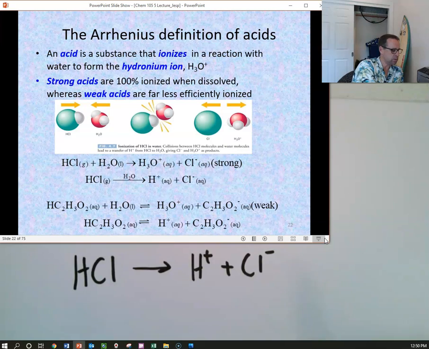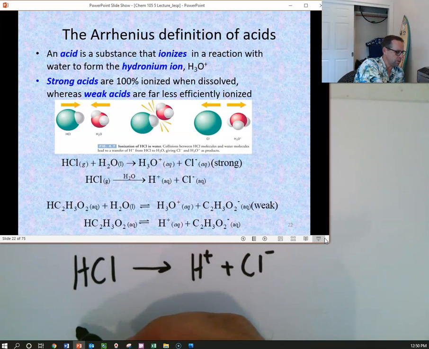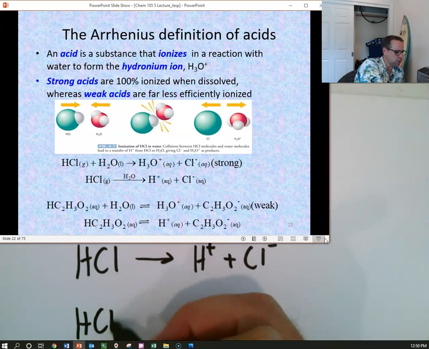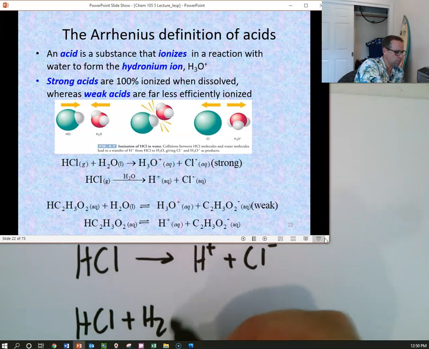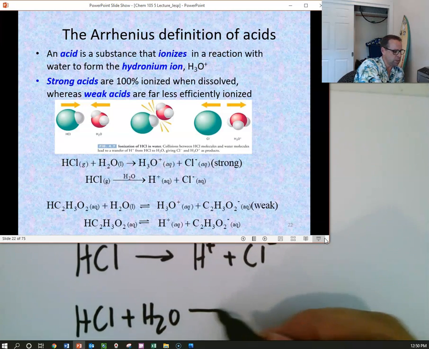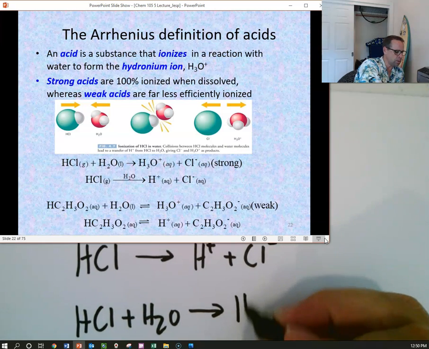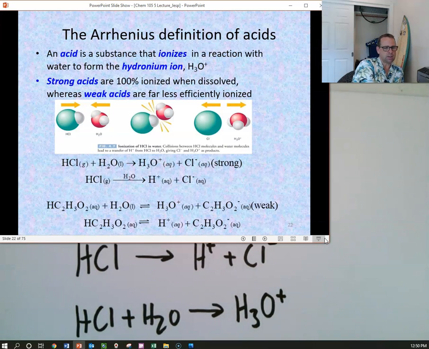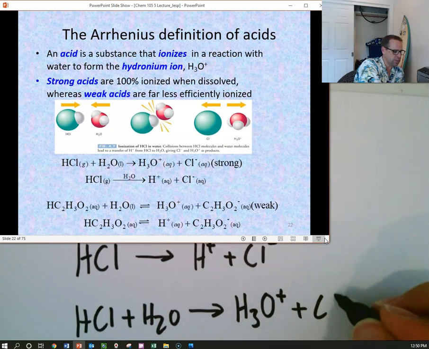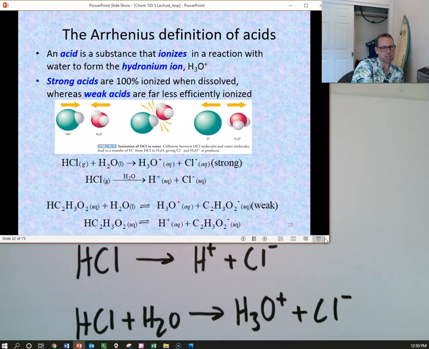So, for example, if I want to write HCl's dissociation with water, I say HCl plus water, and then I take the hydrogen on the Cl and give it to that water molecule and make it H3O plus. And what's left over is still the Cl minus.